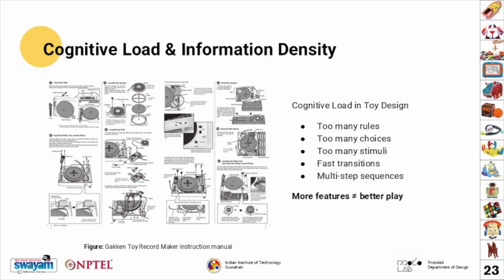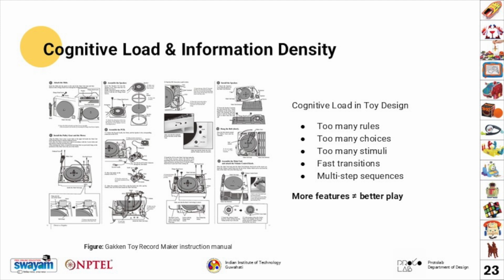Cognitive load refers to the total mental effort required to use a toy. Every rule, every button, and every color cue adds load. Consider a toy with 5 buttons, 3 sound modes, 2 light patterns, and multi-step activation.